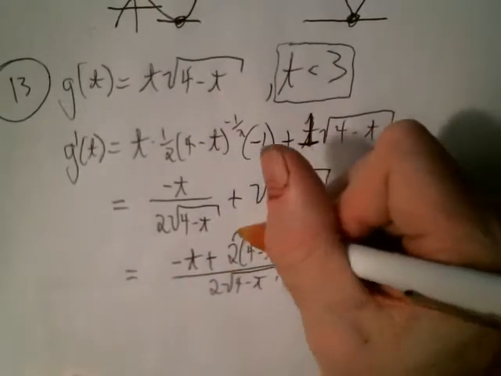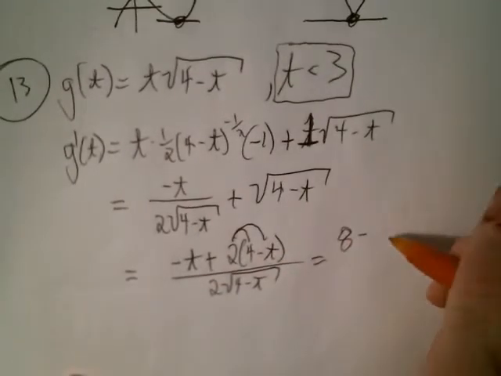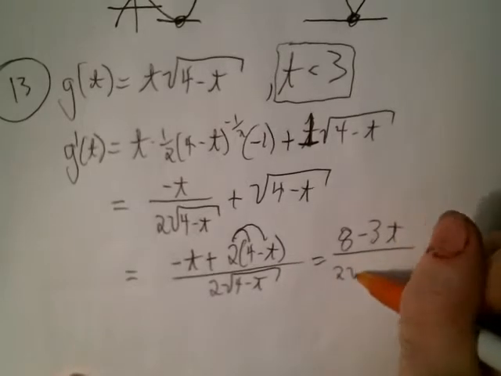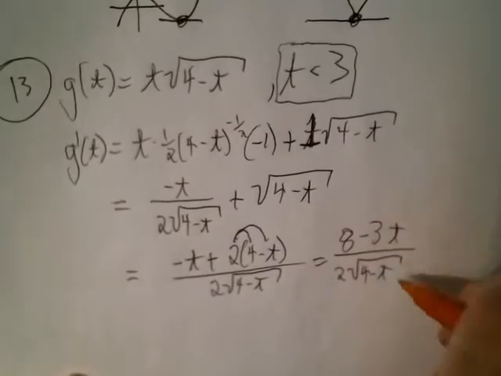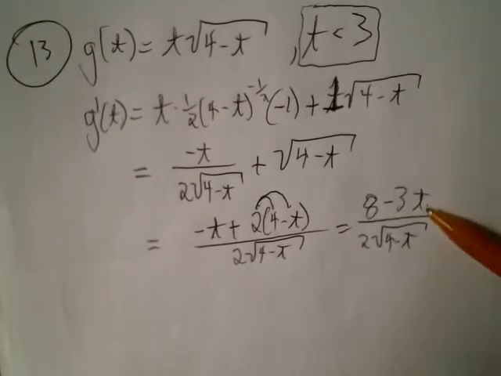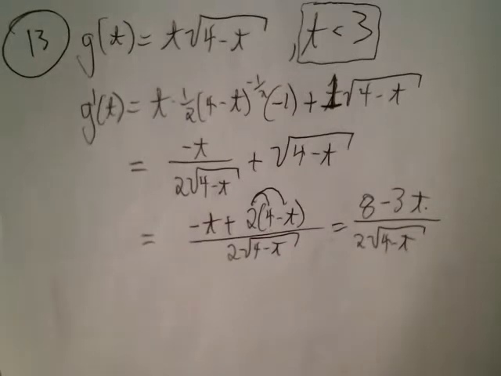So I'd have 8 minus 2t, so 8 minus 3t when all is said and done, all over 2 times the root 4 minus t. So essentially now, if you have some sort of rational expression, you set the numerator equal to 0, set the denominator equal to 0, and that'll give you the critical numbers, sort of, right?